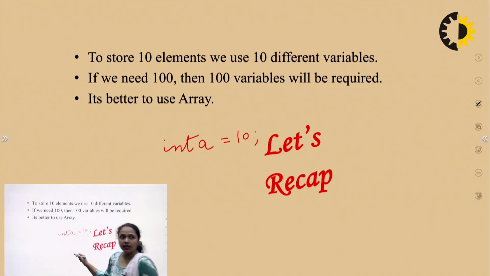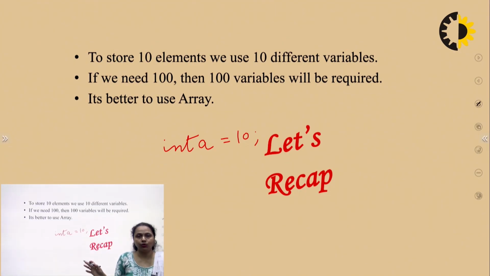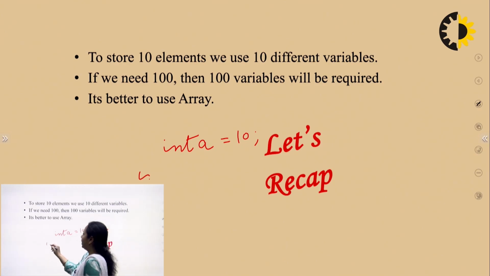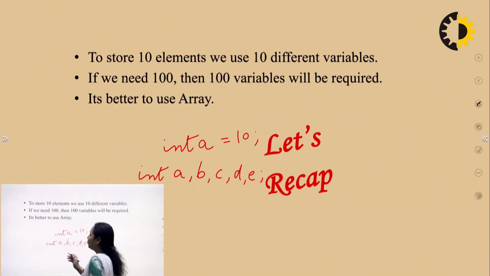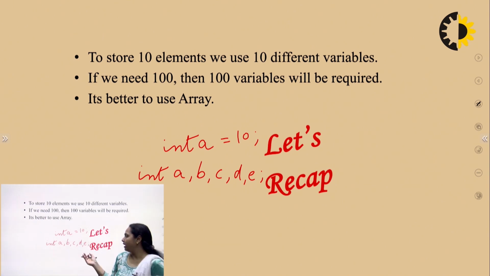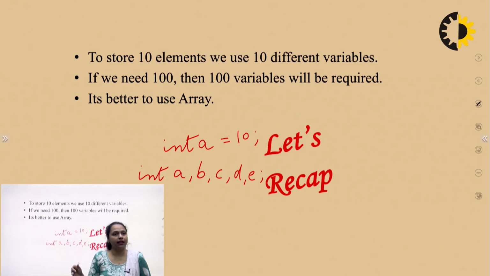Now suppose I have 5 integer values. For that I have to declare 5 different integers like a, b, c, d, e, and one by one I have to take input within all these 5 integers, either from the user, or initialize them one by one in different steps.